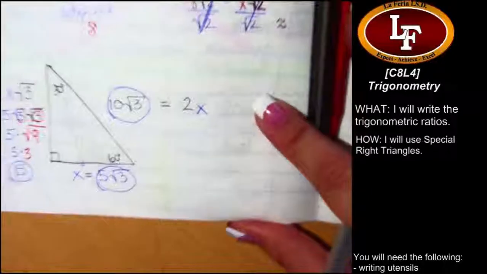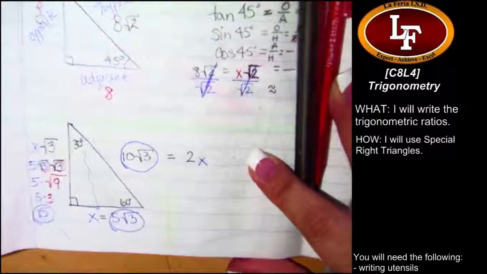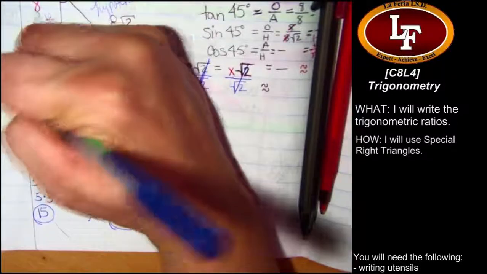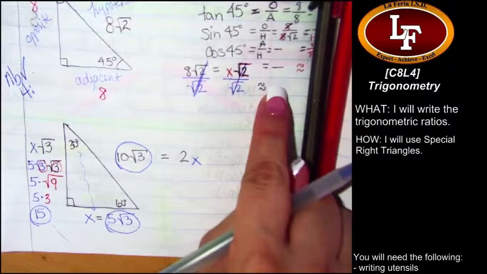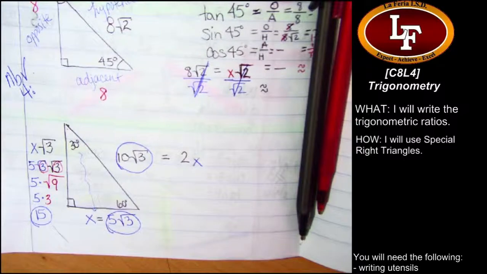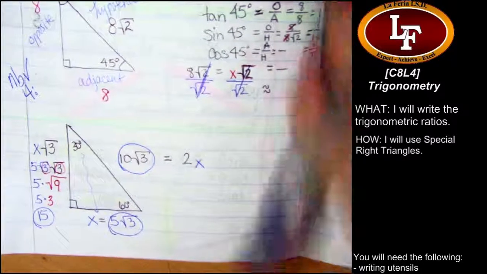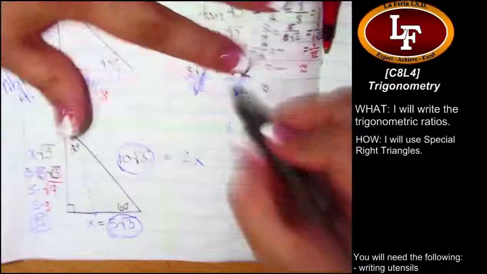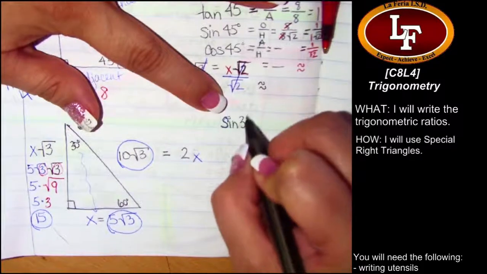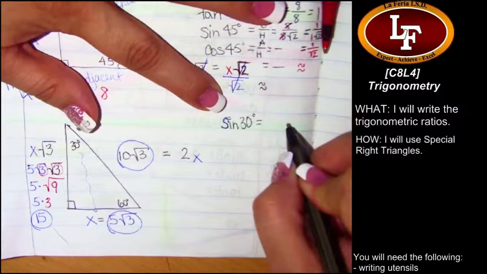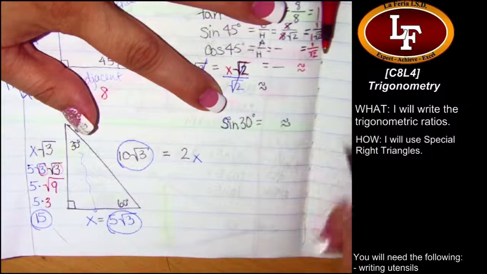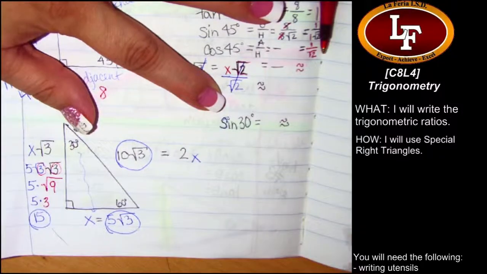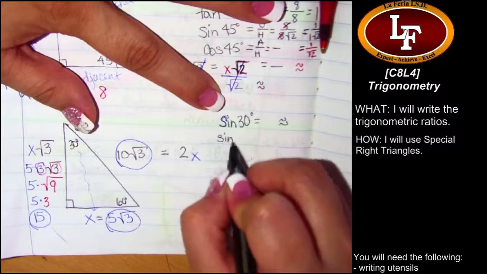All right. For your notebook check number 4, not only will you be completing this top portion right here with the cosine of 45 degrees, both the fraction, its reduced, and its decimal, but you will be writing down for me the sine of 30 degrees as a fraction, simplest terms please, and as a decimal to the thousandths. 3 decimal places, just like the top one.